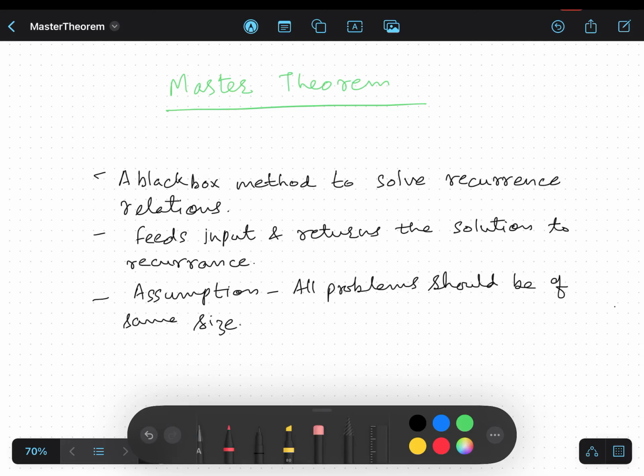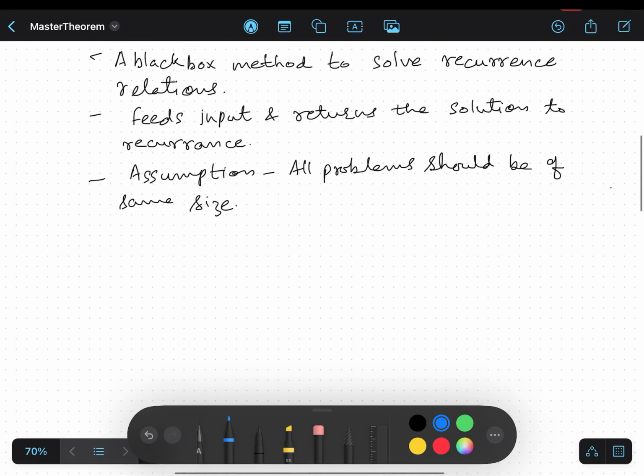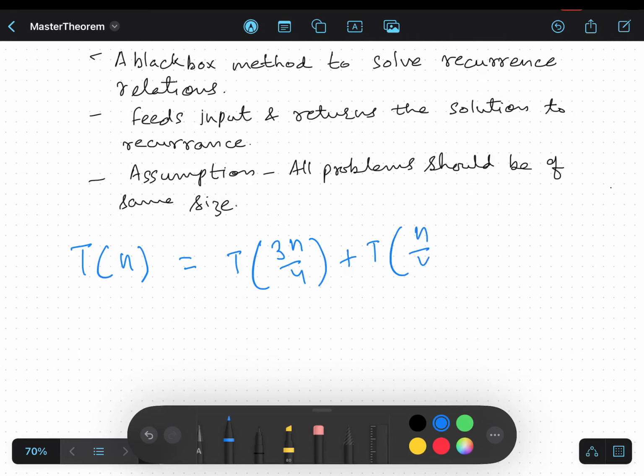What does that mean is, so let's say I have a recurrence which looks something like that.